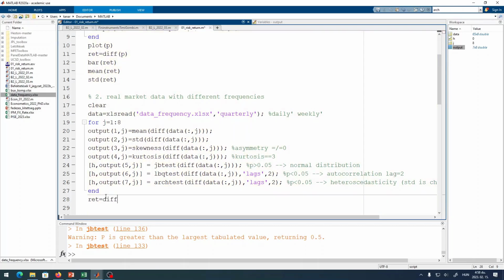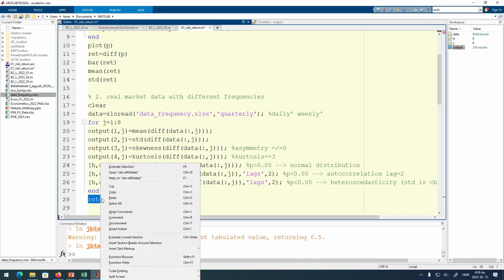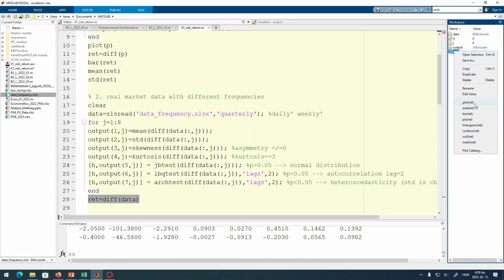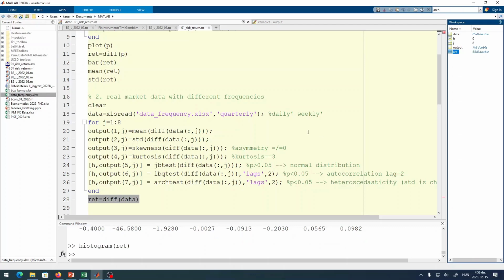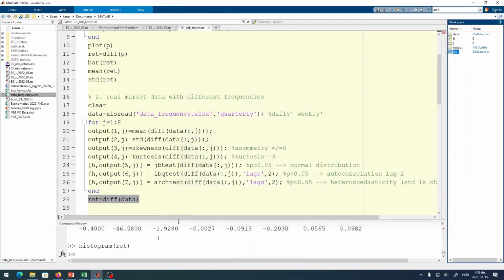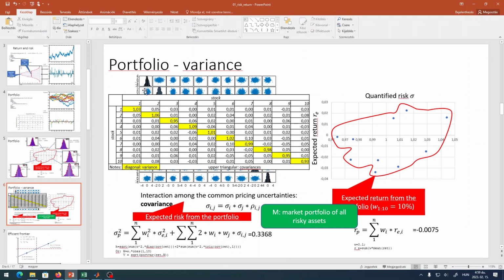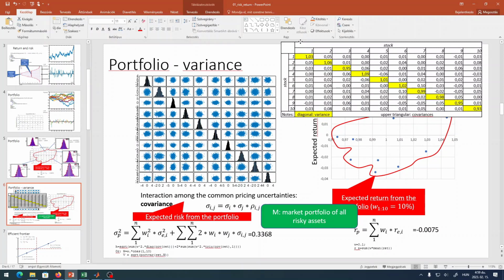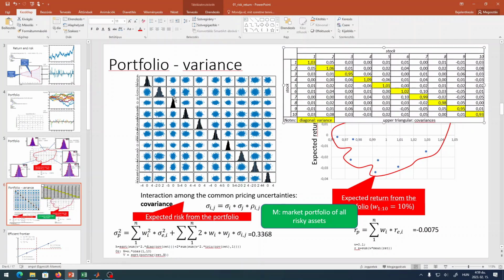so let's say the data altogether, and histogram. No. Well, how was I able to do this? Because it looks so nice.